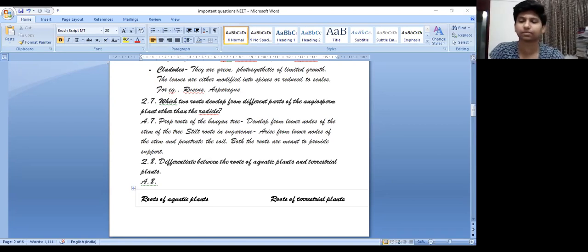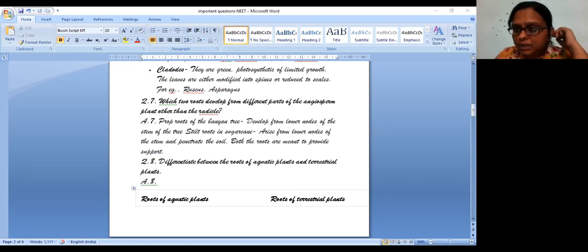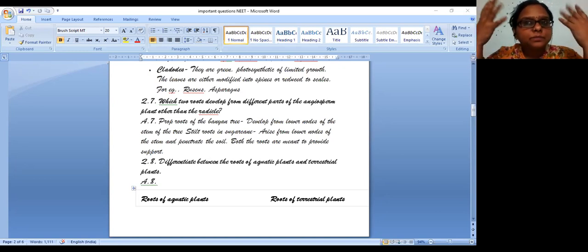So better you make flash cards, all those things, and just stick them in your room so that every time you are seeing these things. Because when you see the things, only then will it go inside your mind. Generally what we used to do is make a flow chart or a chart, or stick flash cards in our room, or make some word connections.